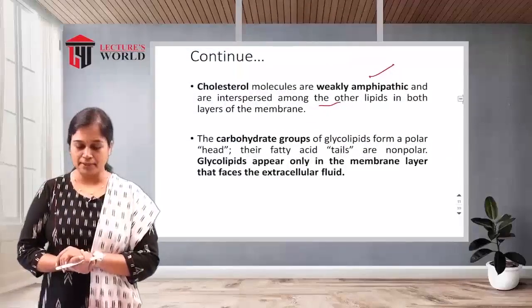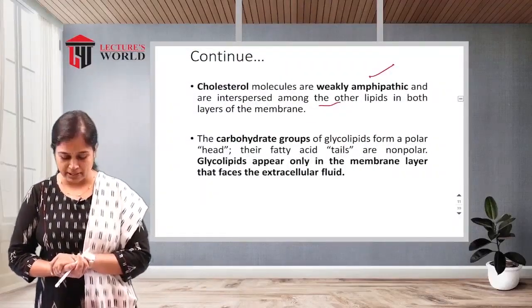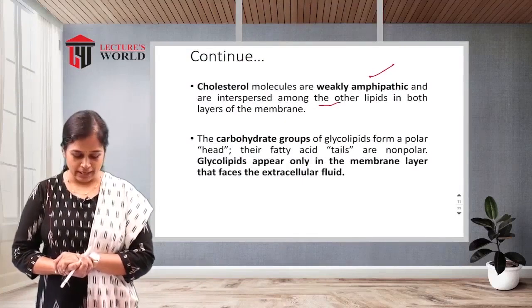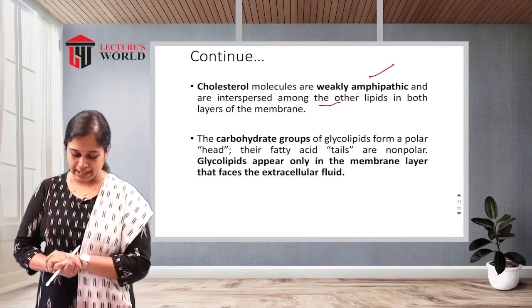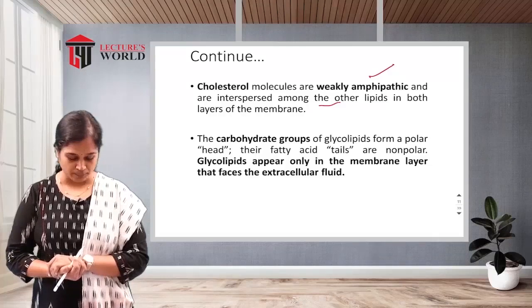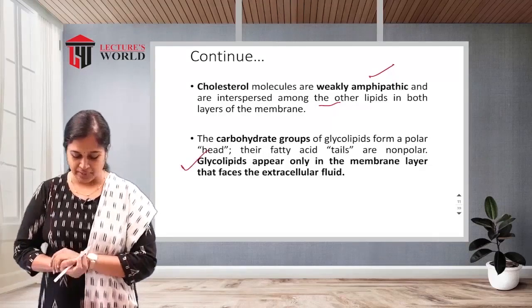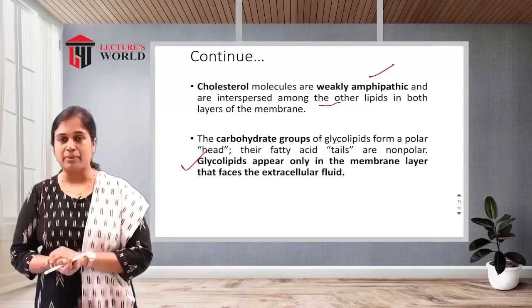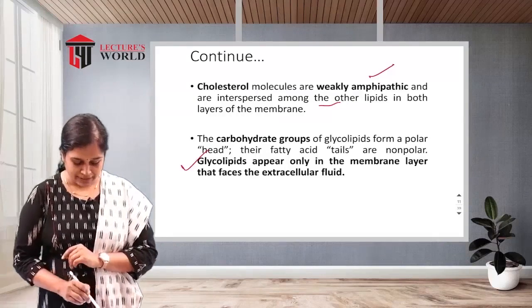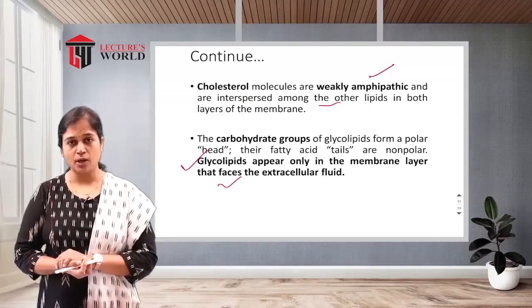The carbohydrate groups of the glycolipids form a polar head and their fatty acid tails are non-polar, as we just saw. The glycolipids appear only in the membrane layer that faces the extracellular fluid.